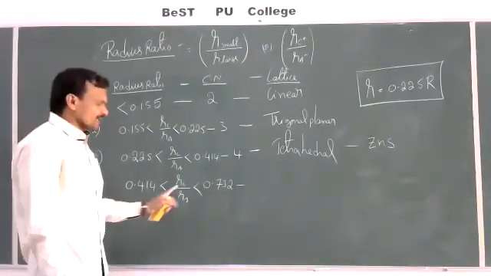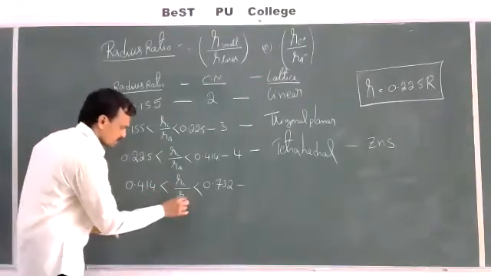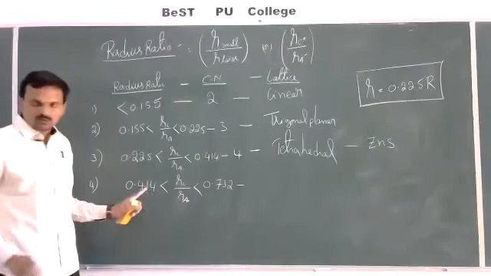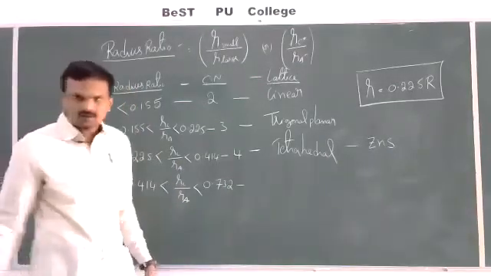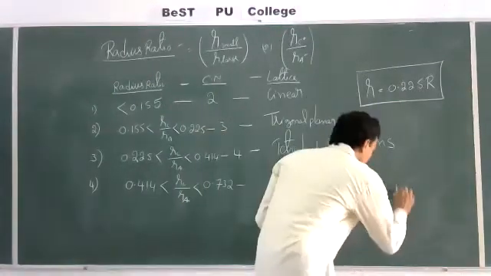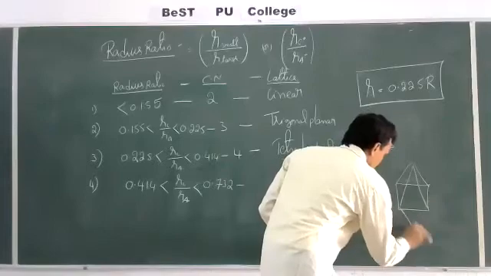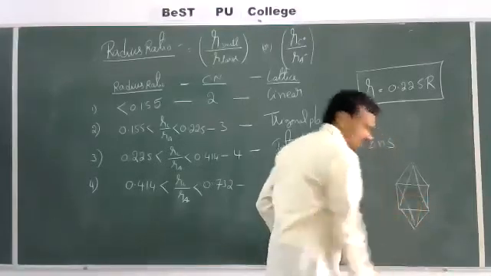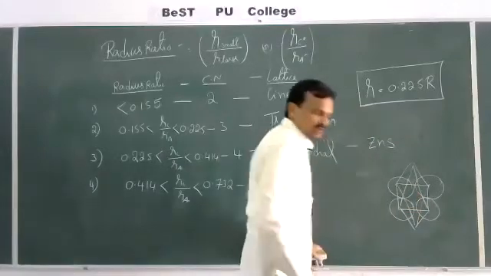It means if the radius of the cation, a small particle, to the radius of the large particle is 0.414, then the particle occupies the octahedral void. What is the octahedron shape? This is the octahedron shape. At the four corners of the square, four particles will be there.